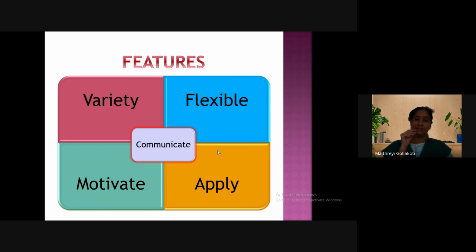And motivate. Now, when something has a lot of variety and it is very flexible, naturally people will be motivated, isn't it? Because if you can learn conveniently whenever you want, people will be more attracted to it. That is why we have lot of people doing online degrees right now, isn't it?